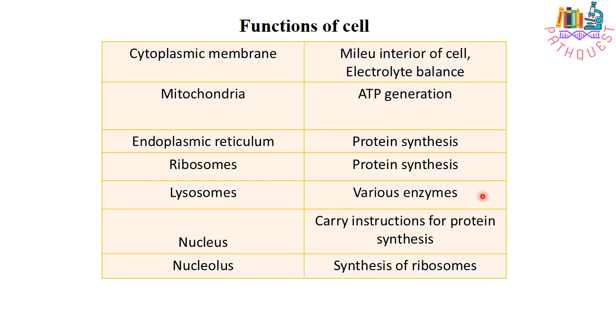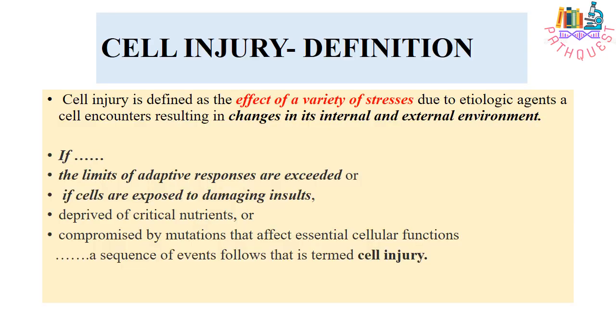Lysosomes carry various enzymes for digestion. Nucleus carries instructions for protein synthesis, and nucleolus is mainly associated with synthesis of ribosomes, which ultimately results in protein synthesis. As we understand the normal structure and function of the cell, let's move forward.